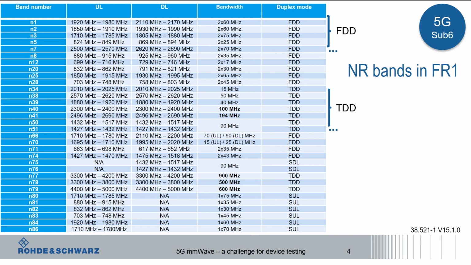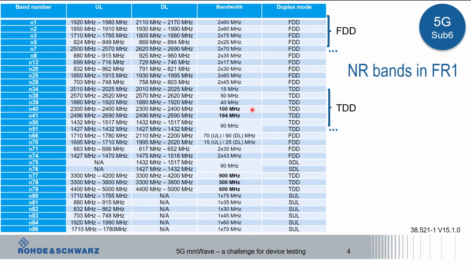But then, on the other hand, we have a few really interesting bands in FR1. They are the ones I listed here in bold, because they have really nice, high bandwidth, and that's what we want to achieve. For enhanced mobile broadband services in 5G NR, we want a high data rate, much more than we had in LTE, and that again means we need more bandwidth. So you see here, for example, band 40 and band 41, which are 100 and almost 200 megahertz wide.